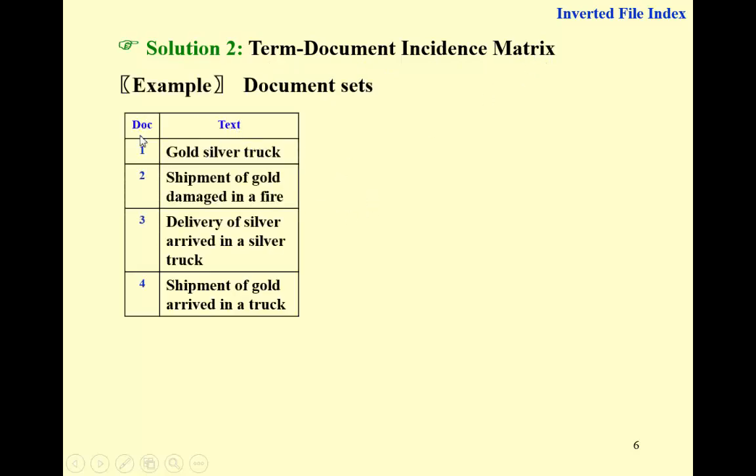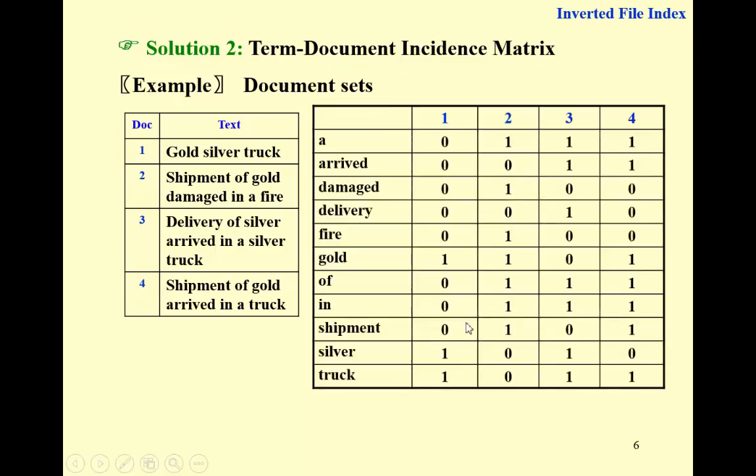So solution 2: what if we construct a term-document incidence matrix? For example, suppose now we have 4 documents, and these are the contents of the documents. And this term-document incidence matrix is something like this. It's a 2-dimensional array. Here is a list of all the words, or say all the terms, we obtained from those 4 documents. And each column corresponds to a document.